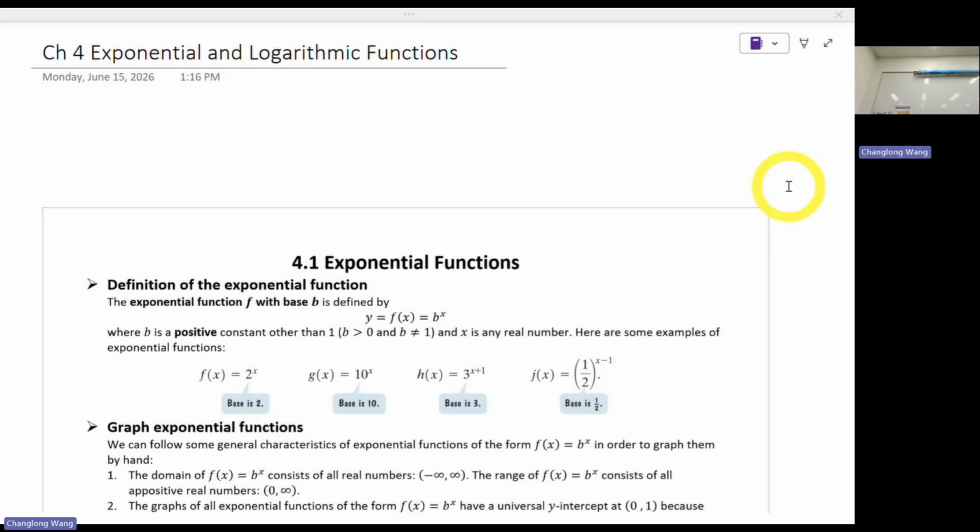Anyway, the math you have to deal with on the test tomorrow will most likely be about the logs, right? So 4.2, 4.3. As you can see on the top of page 2, you have those 4, actually 5, properties.